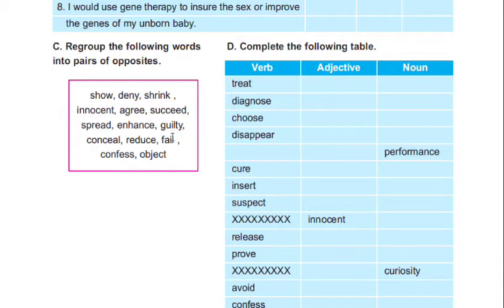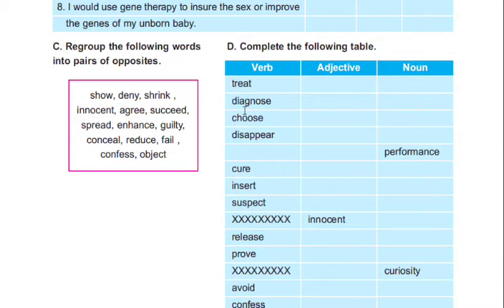Spread, as we said, the opposite, spread in here, as opposed to shrink. Enhance, reduce, although these are not the exact opposites. Enhance is to make something better or bigger. To reduce is usually related to numbers being smaller.